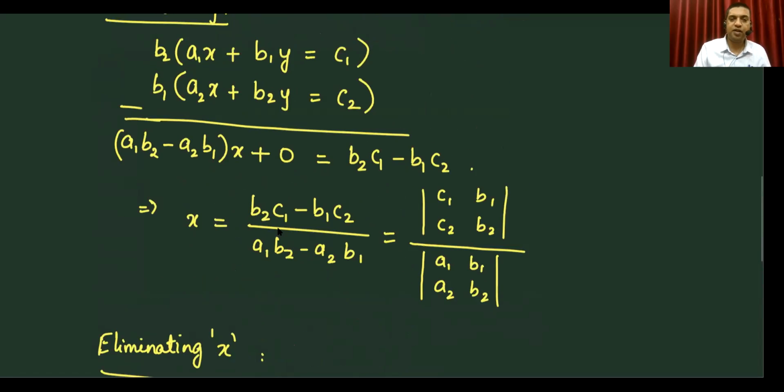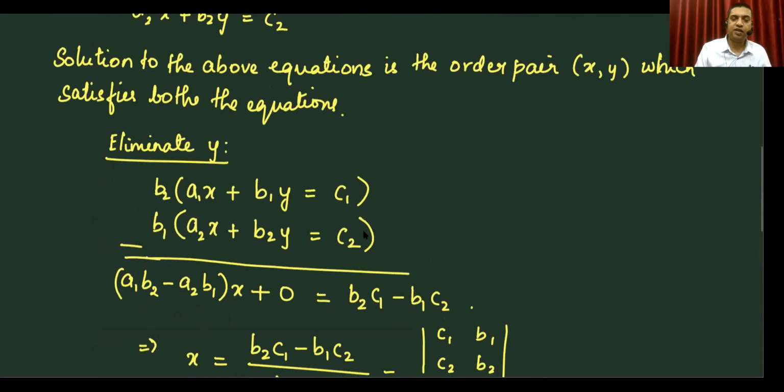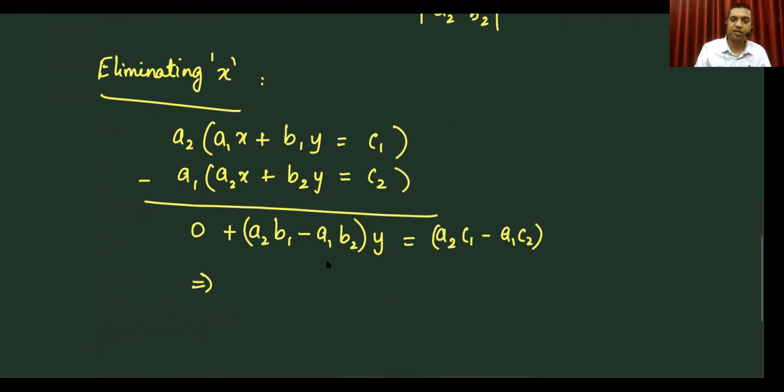To have a commonality with the above equation, a1 b2 minus a2 b1, I will multiply with a minus sign throughout. So I'll get a1 b2 minus a2 b1 times y is equal to a1 c2 minus a2 c1.